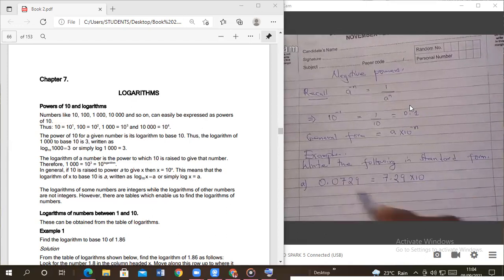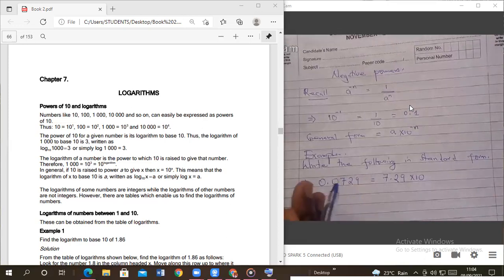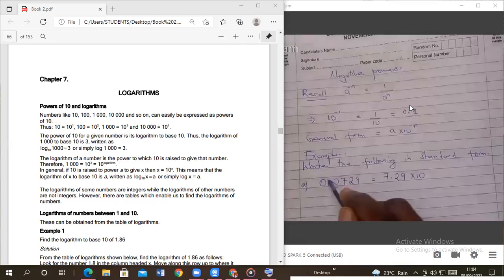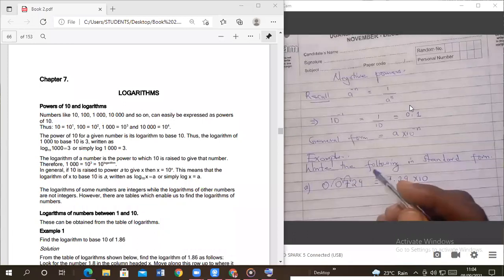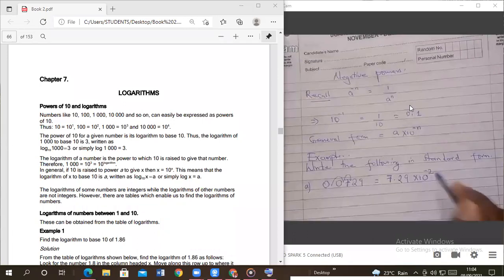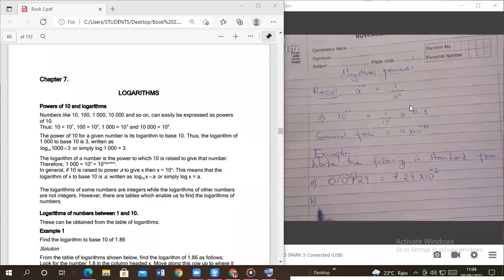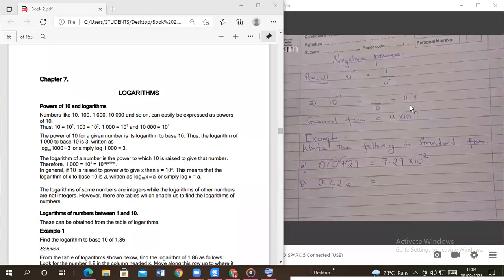Now this time the power must be negative because you are counting the decimal point from left to right. So which means you shall have 1, 2, not so? So to the power negative 2. You are shifting the position of the decimal point. Another one is 0.426. Who can give us that one?